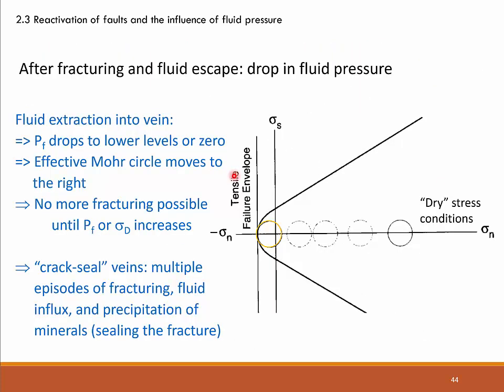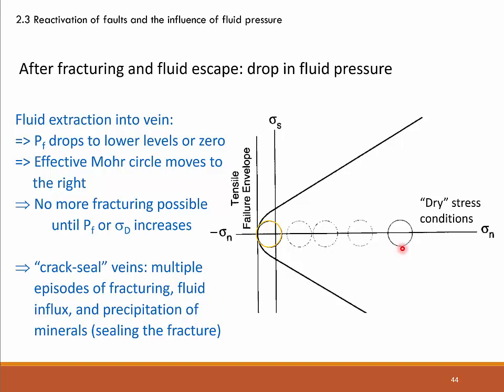What happens after fracturing and fluid escape? Obviously, once you extract the fluids that were responsible to create the vein itself, the fluid pressure will drop. And once the fluid pressure drops to lower levels and perhaps to zero, the effective Mohr circle moves back to the right to the dry conditions, and no more fracturing is possible.